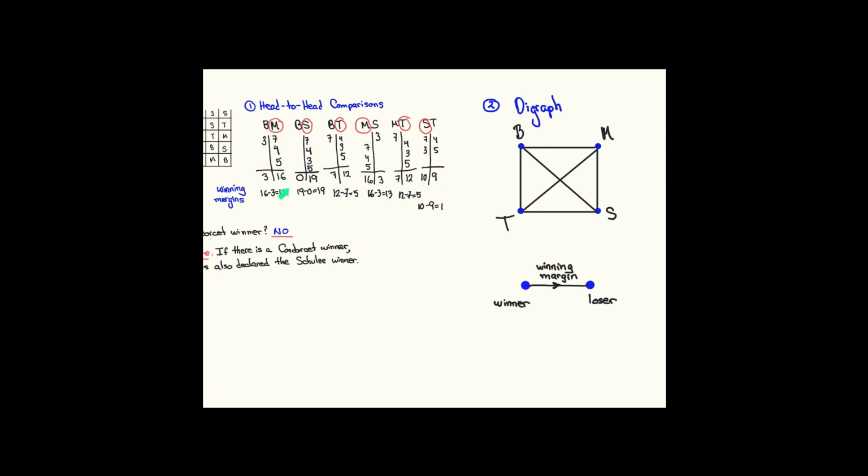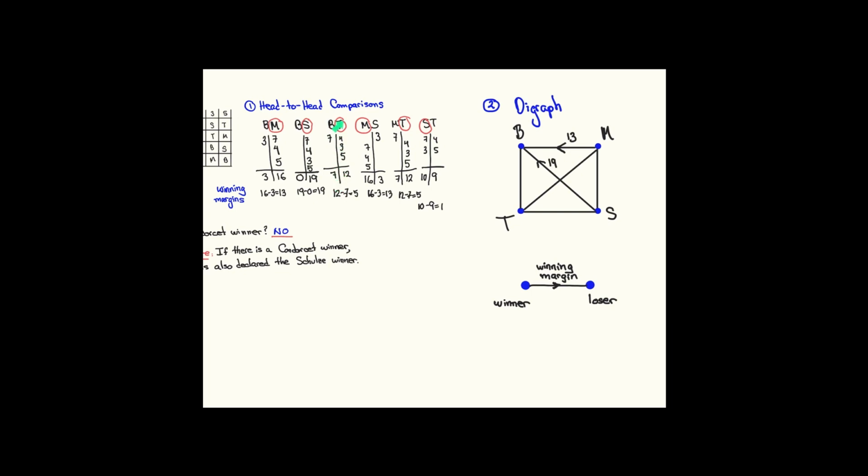So look at the first pair. M wins over B, which means the arrow from M to B must be there, and the margin is 13. Next pair, S versus B. S wins, so the arrow goes from S to B, and the margin is 19.